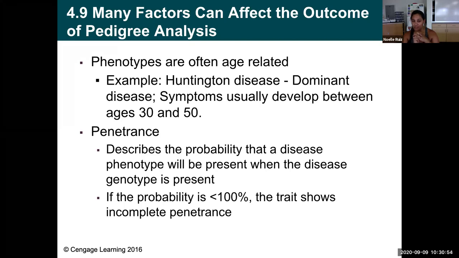That's the probability that she will pass it on. It's called penetrance. But if it's only a 50% probability, like just a regular recessive disorder, or a 25% probability, we call that incomplete penetrance.